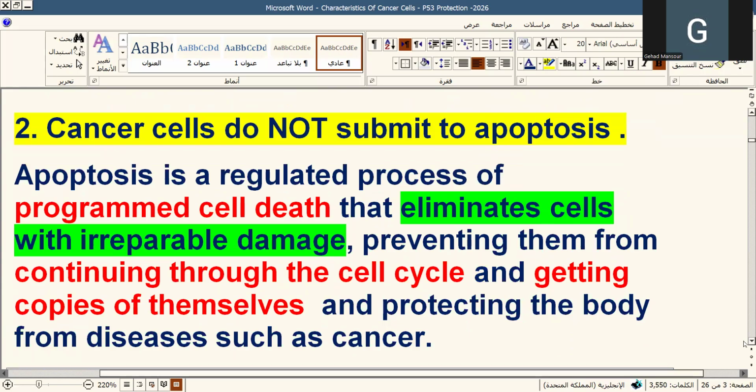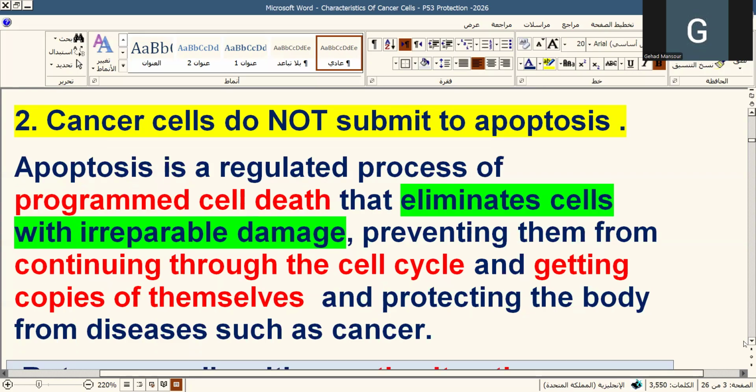Similarly, the cancer cells do not submit to apoptosis. We have just said that any cell with mutant DNA or with lost telomeres, when the telomeres are completely lost, should undergo apoptosis. It should first be arrested, discarded from the cell cycle, entering G0 permanently, and beginning apoptosis, or this programmed cell death. But the cancer cells do not submit to apoptosis.